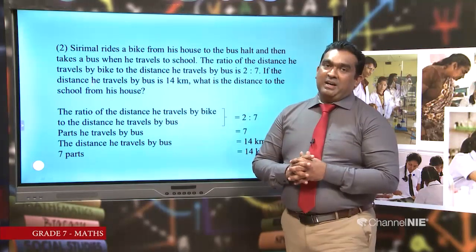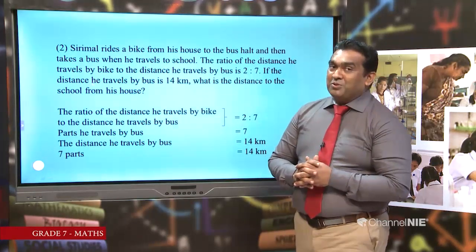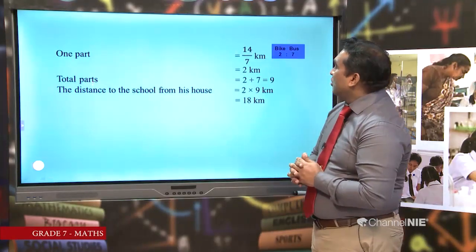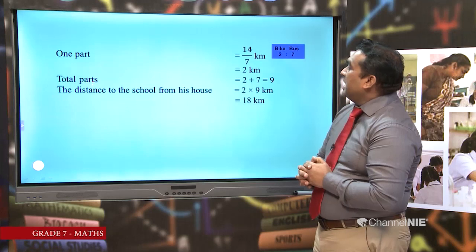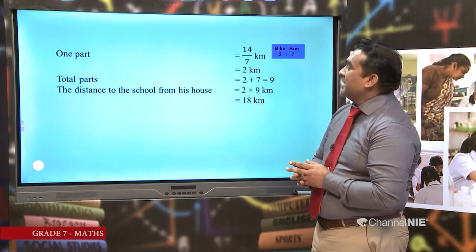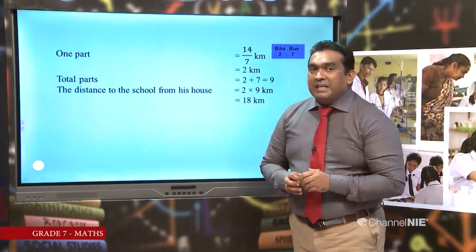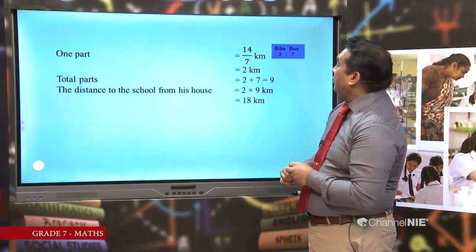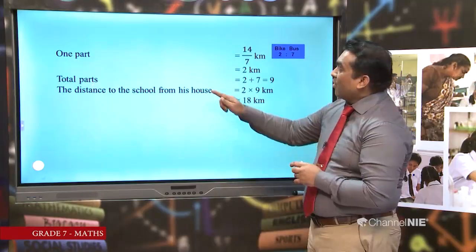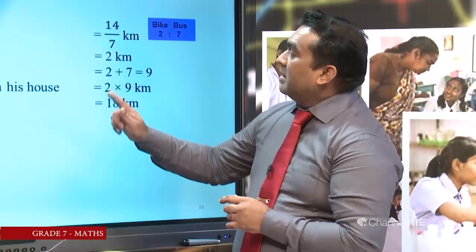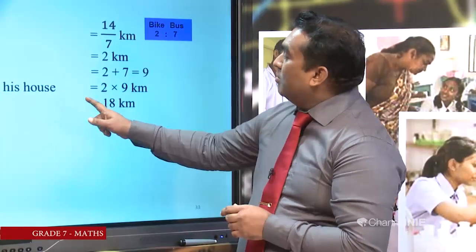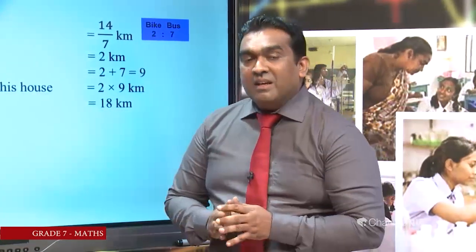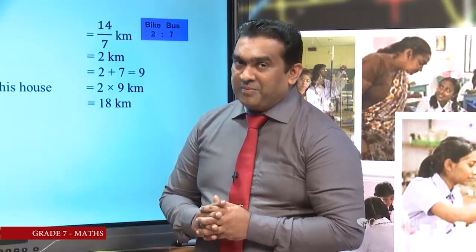How to do it? 14 should be divided by 7, then 2 kilometers. Value of a part is 2 kilometers. We want to find out the value of 9 parts. Total parts 9. The distance to the school from his house is 2 multiplied by 9, 18 kilometer.